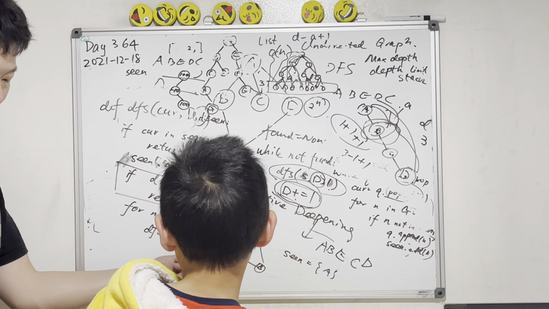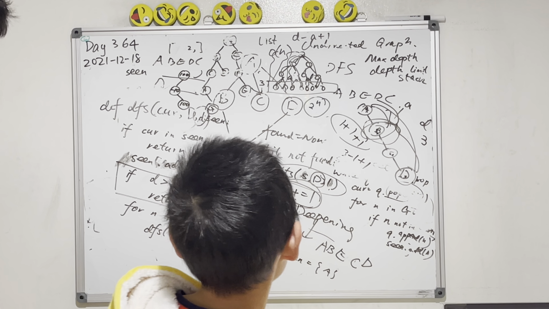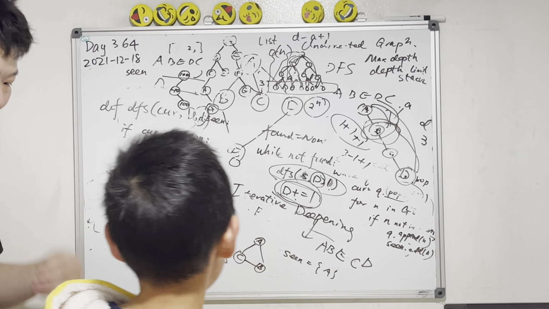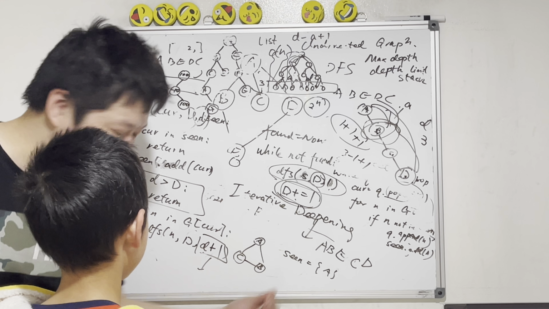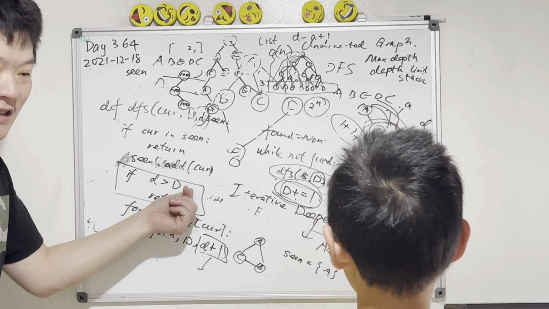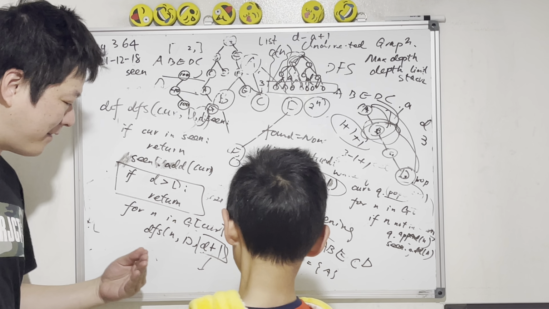But why is there D+1 here? What's D? D is the deepening thing, the distance. I visit one more node, the distance will be +1. Then I check if the distance exceeds the max threshold. If it exceeds, then I stop. I don't go further, right?